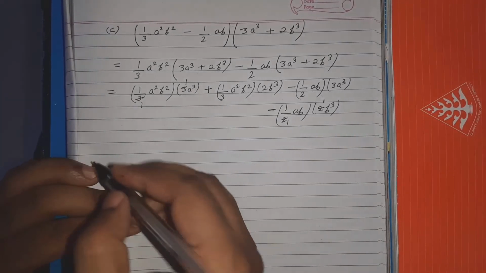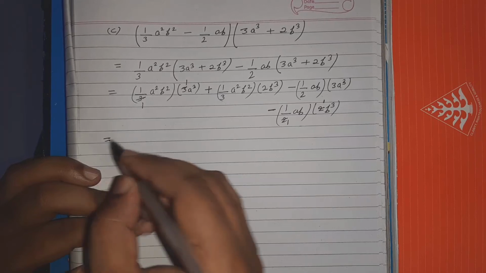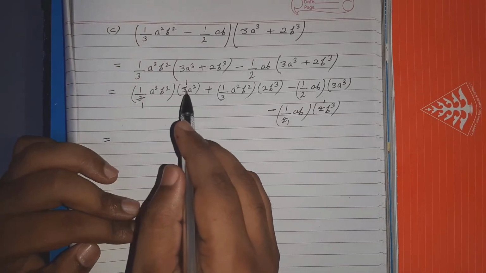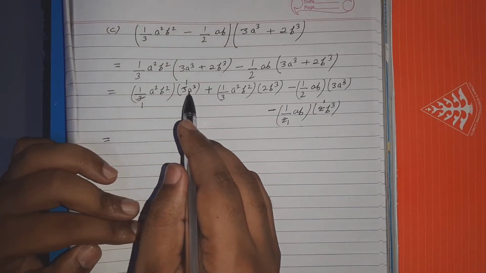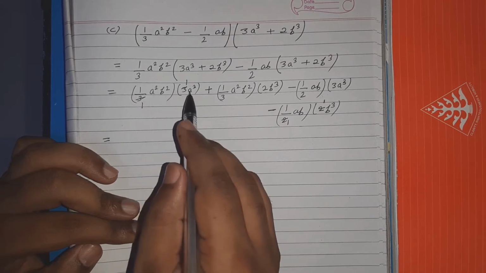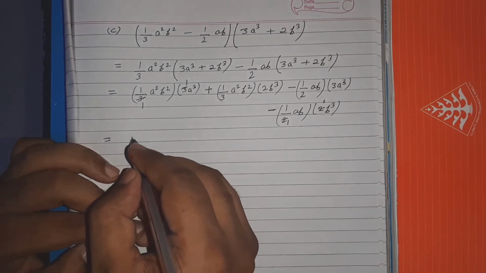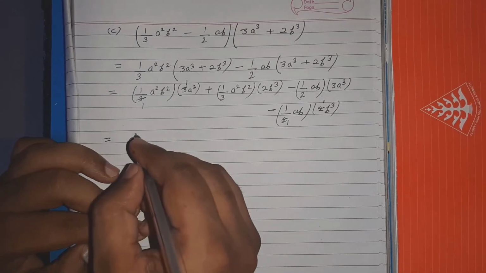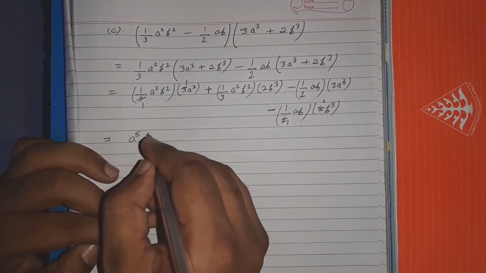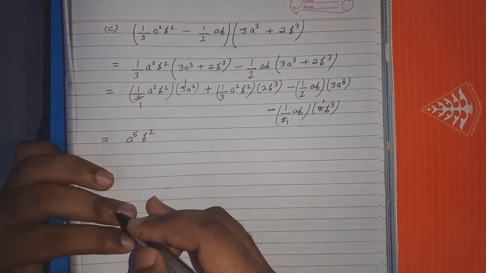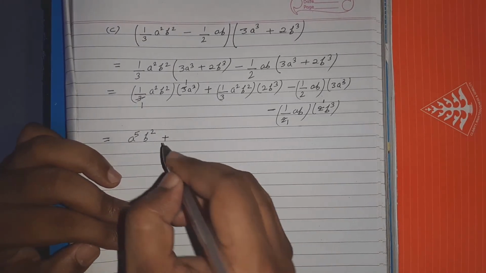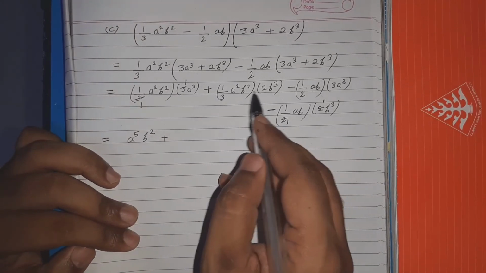Now we will multiply. a square multiply by a cube, so base is same and both are in multiplication, so power will add, so 2 plus 3 is 5, so a raised to power 5 and b square. And here first we will multiply the numerical coefficient.